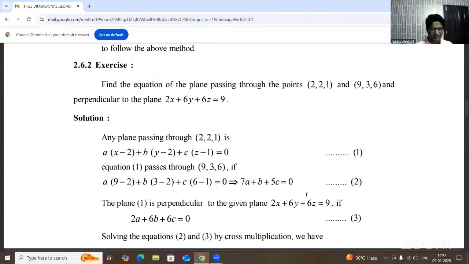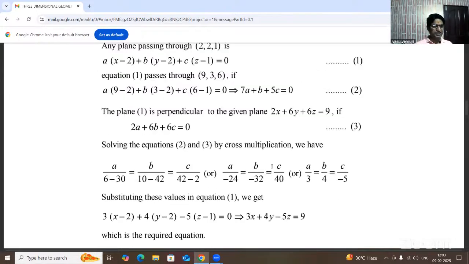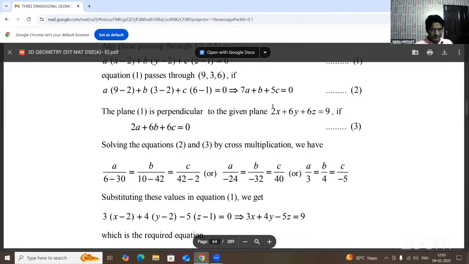After the simplification, say this is the second equation: 7a plus b plus 5c equal to 0. Now the plane in the first equation is perpendicular to the given plane, 2x plus 6y plus 6z equal to 9. The normals of the given plane, by replacing x, y, z with a, b, c, are the direction ratios 2, 6, 6.